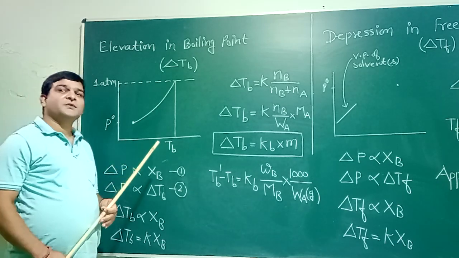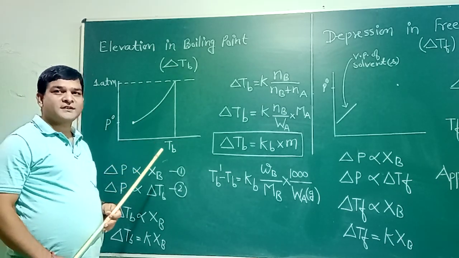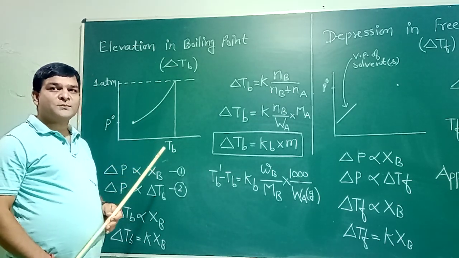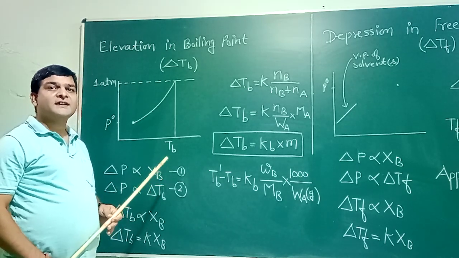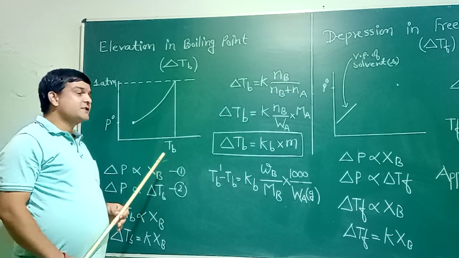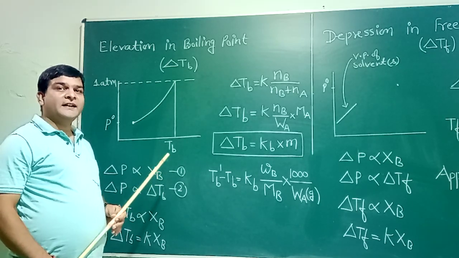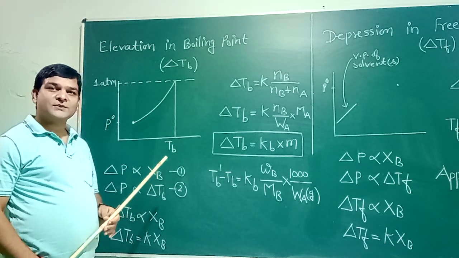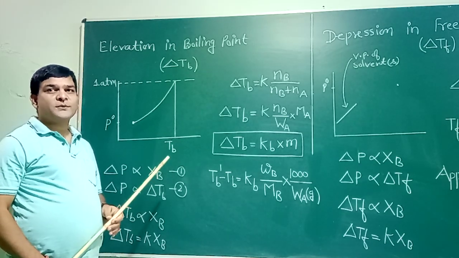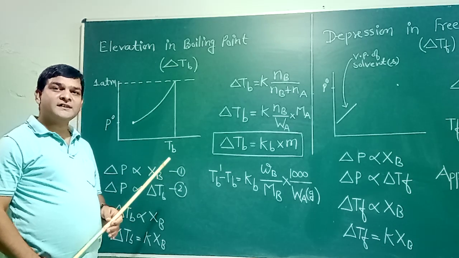You all know that the boiling point of pure water at 1 atmospheric pressure, it means at normal atmospheric condition, is 100 degrees Celsius. But when we add any non-volatile solute in water, in fact in any other solvent also, the boiling point definitely increases.